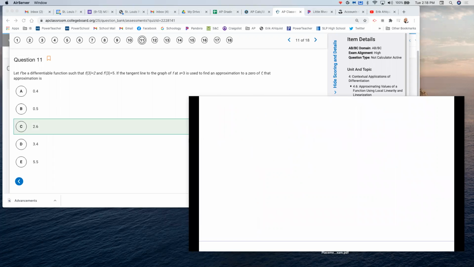F is differentiable. I know this is one thing I can't stand about AP Classroom, is I think this is the information they're giving me. If the tangent line to the graph at x equals 3 is used to find an approximation to a 0 of f, that means we're trying to figure out when f is equal to 0.